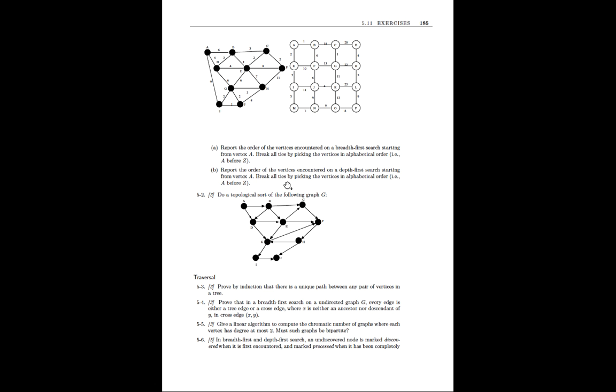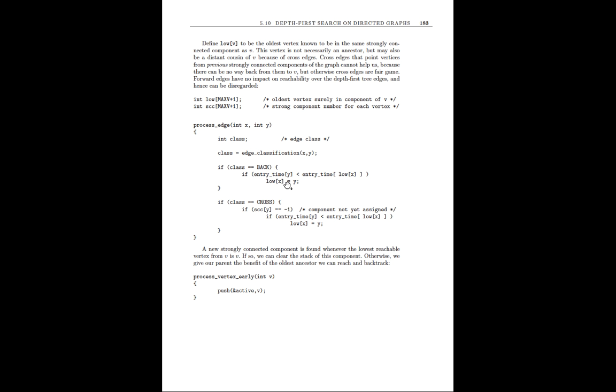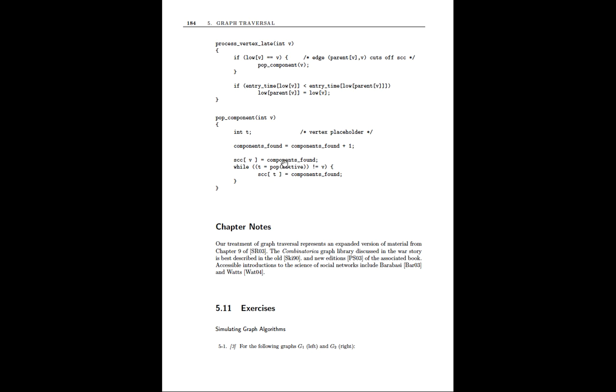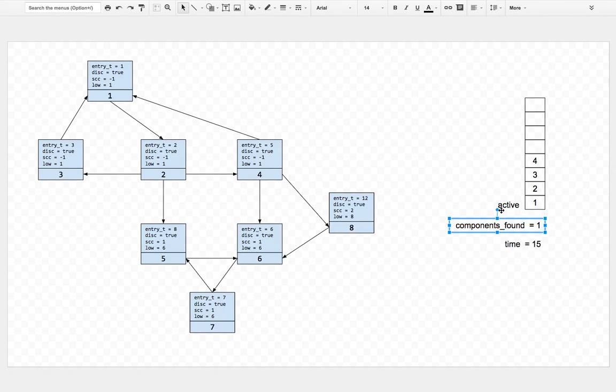And then we set strongly connected component for our current vertex, which is vertex 1, to be components found. Oh, sorry, I was supposed to increment components found, and I decremented it. So components found should be 3 here instead of 1. And now I set SCC to be 3.